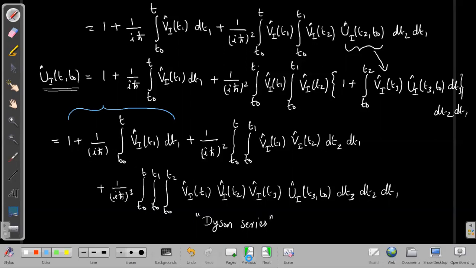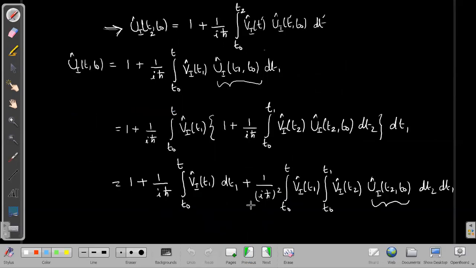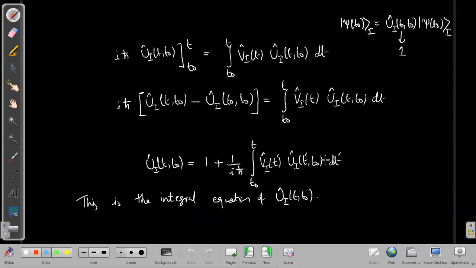If you go back, what we have got is the integral equation for UI. If you put UI(t prime, t0) approximately 1, then you will get UI(t, t0) becomes 1 plus 1 by iħ times the integral t0 to t of VI(t prime) dt prime. That is called the first approximation.